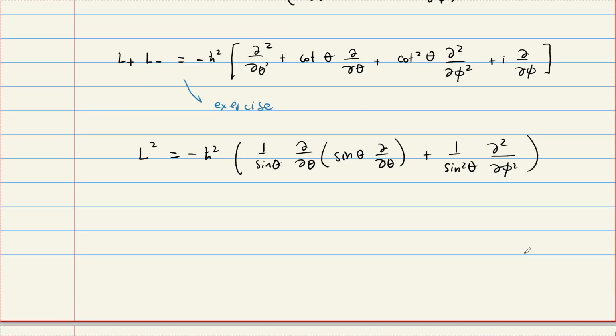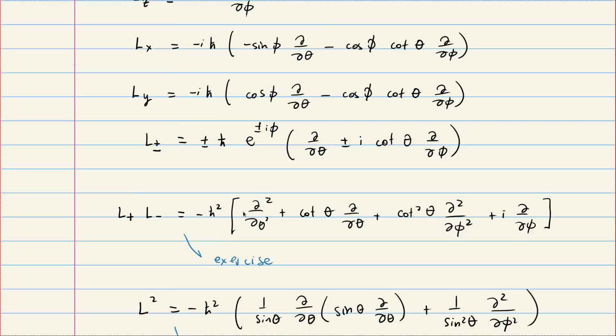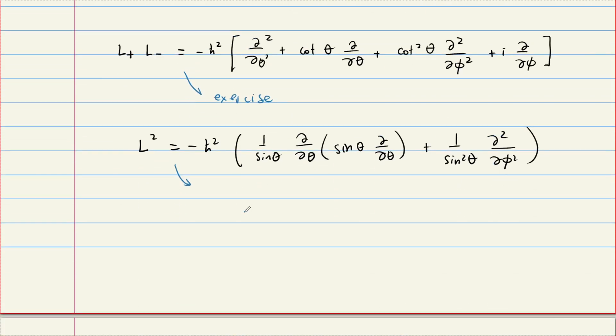So this is also an exercise, right? You need to do a lot of things. I think nobody would enjoy it if I did this here and then you had to sit for like 10 minutes.